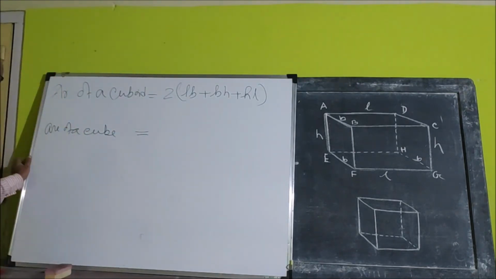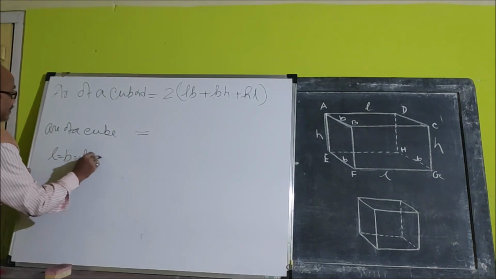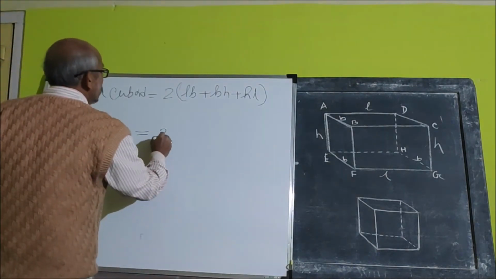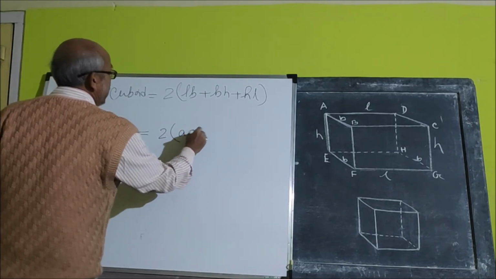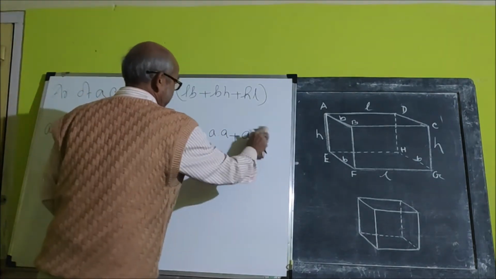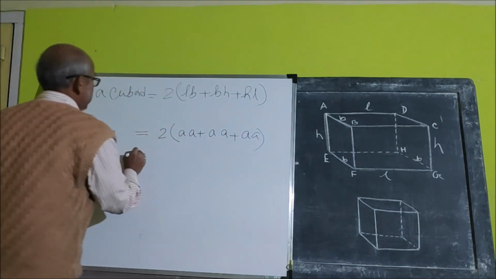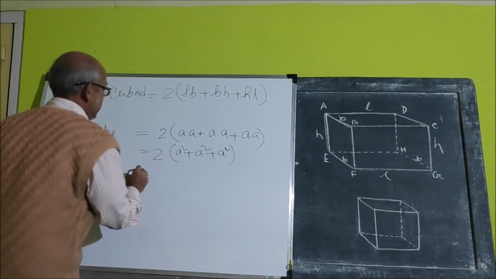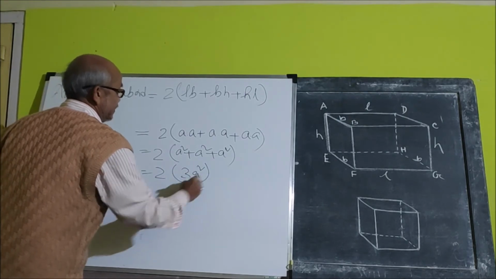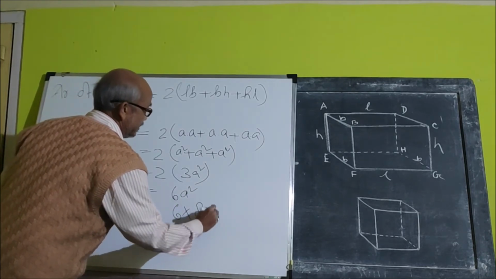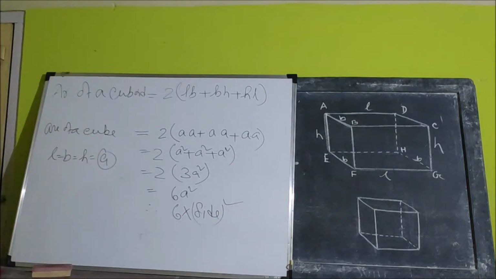As the length, breadth and height are all equal, we consider length equal to breadth equal to height equal to A. If we write like this, all are A. Ultimately, 2 into (A square plus A square plus A square), that is 2 into 3A square, means 6A square, which is 6 into side square.